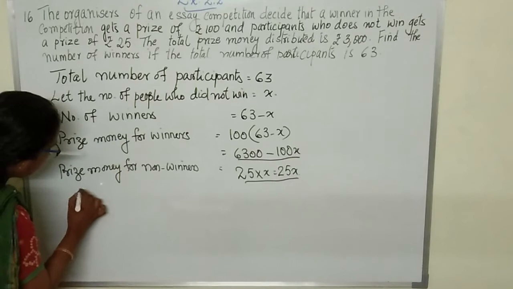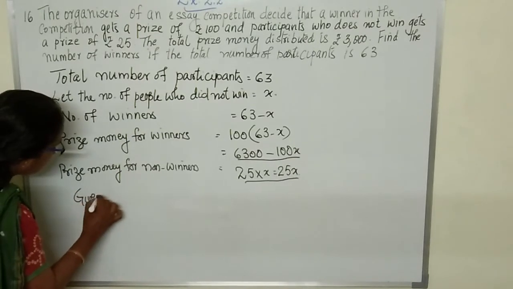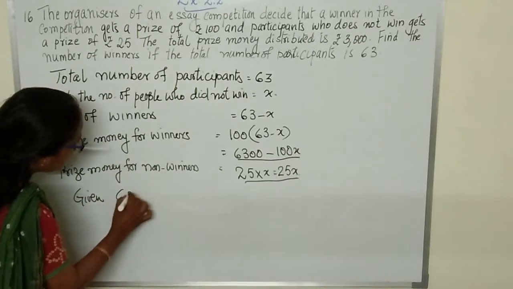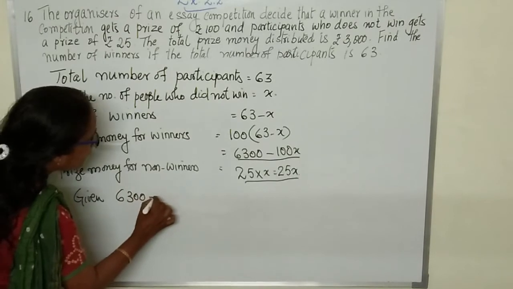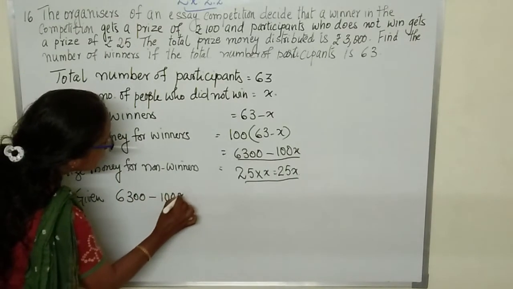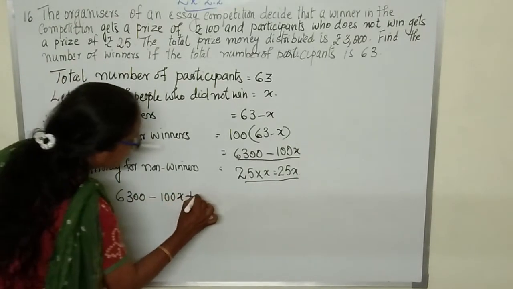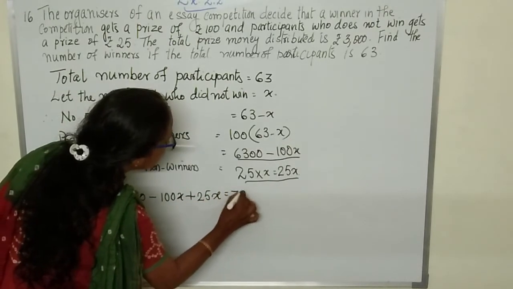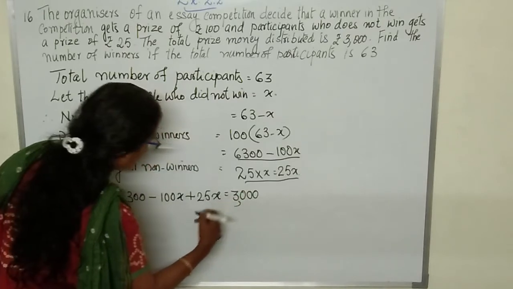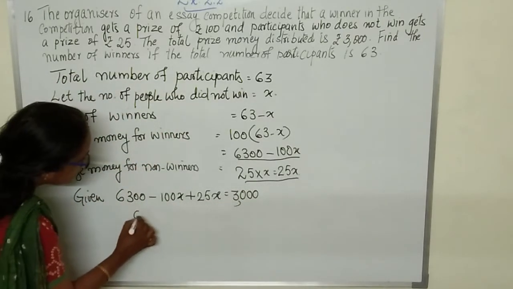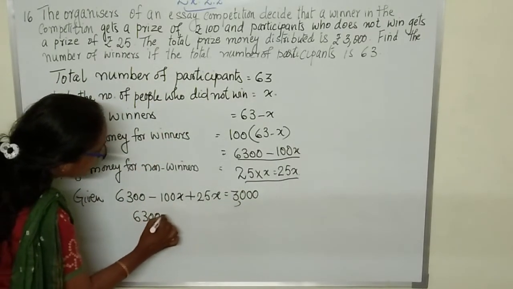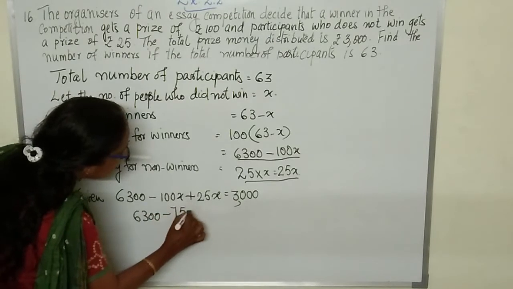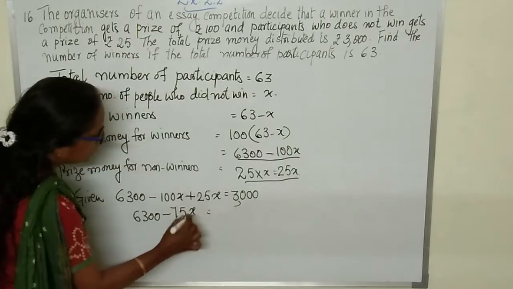That is given. 6300 minus 100X plus 25X is equal to 3000. So from this we get 6300 minus 75X is equal to 3000.